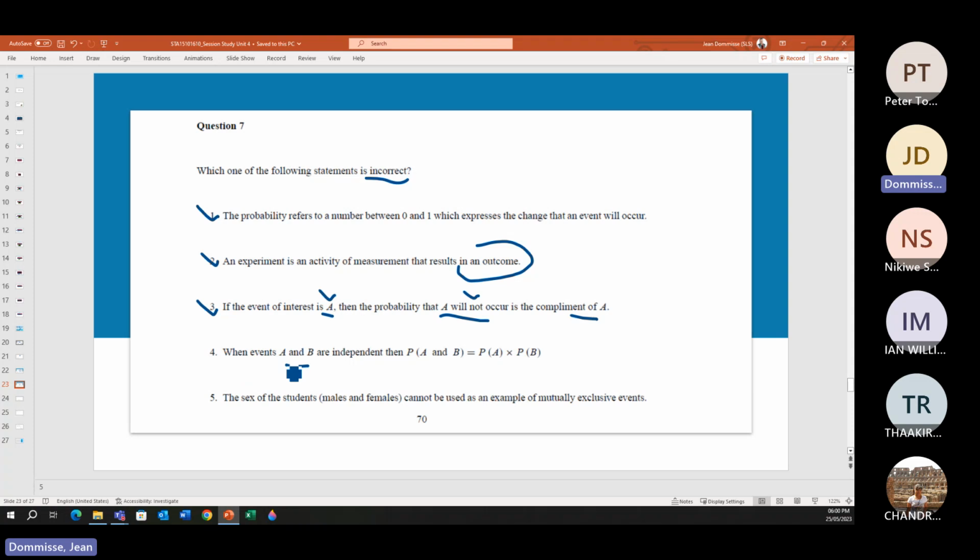When events A and B are independent, you can work out the "and" by multiplying the probability of A times the probability of B, and that is also correct. Okay, so the one that is incorrect is 5, and you can see it is probably a question that I should take out. This is a very old set of questions, but the sex of students, male and female, cannot be used as an example of mutually exclusive events.